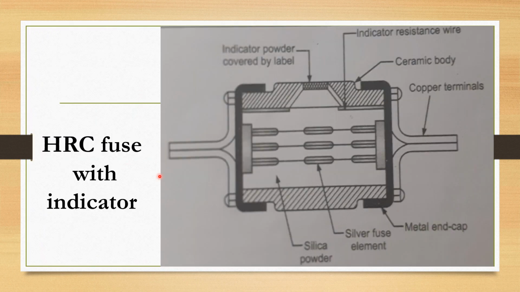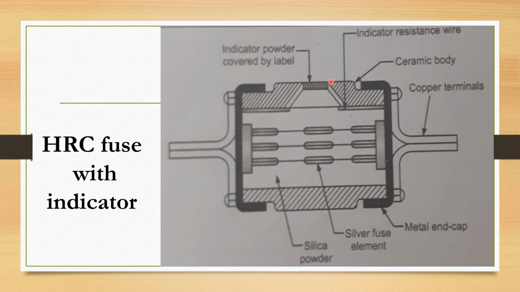In case of HRC fuse with indicator, an indicating device consisting of a fine resistance wire is packed inside the fuse, having a parallel path as shown here. It's an indicator resistance wire and indicator powder covered by a label.